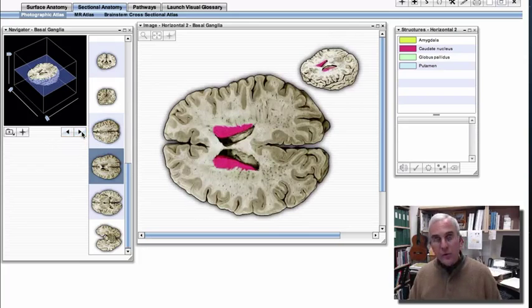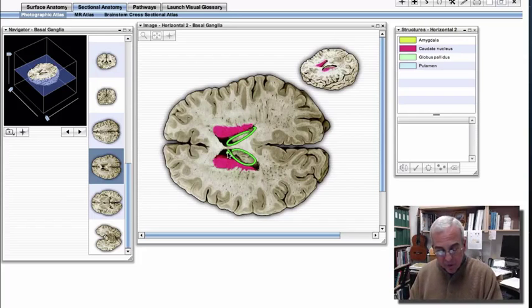If we go in one more section, now I think it's very clear that the caudate nucleus is on the medial side of the internal capsule. So here's the caudate nucleus, and what we see is mainly the posterior head and the body of the caudate nucleus. Once again, we see the thalamus peeking out at us from the medial side of the internal capsule, but set back into the lateral ventricle.